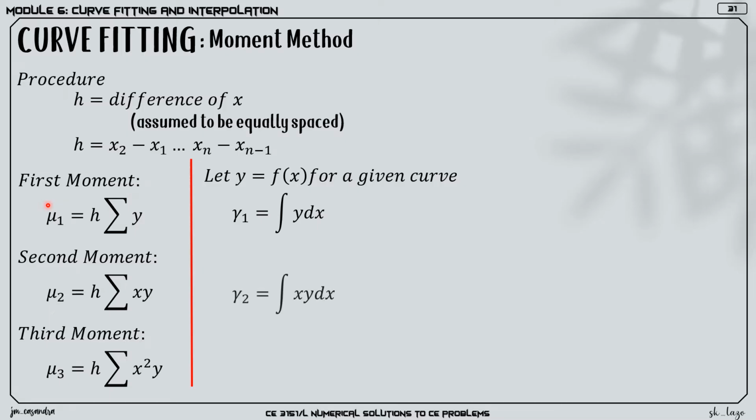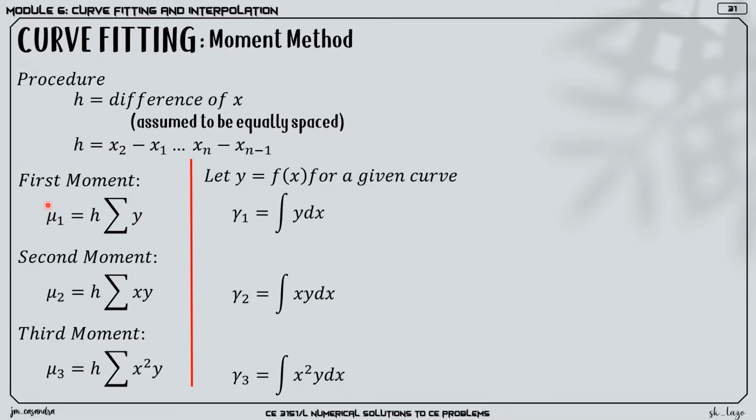The second theoretical moment is gamma sub 2, equal to the integral of x y dx, and the third theoretical moment is gamma sub 3, equal to the integral of x squared y dx.